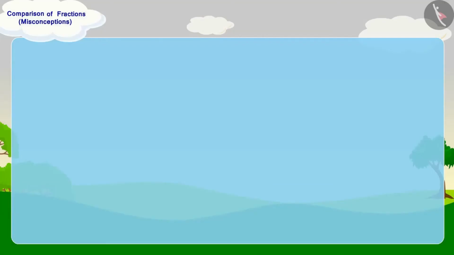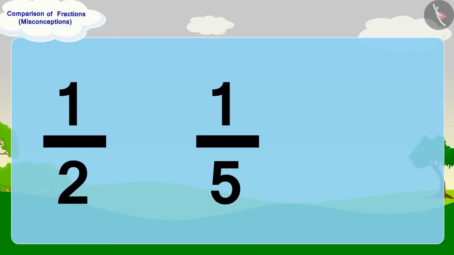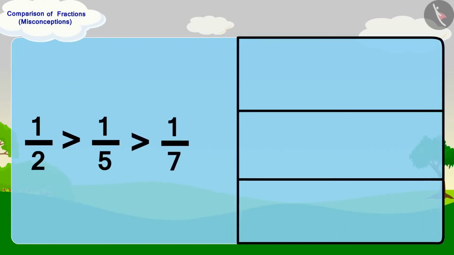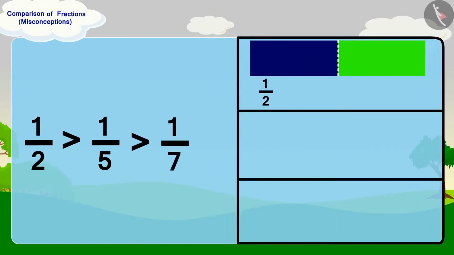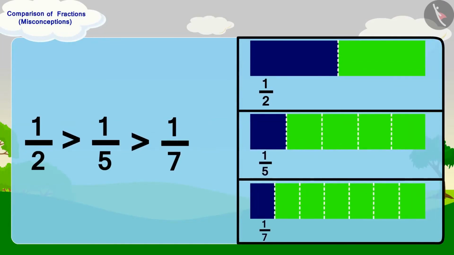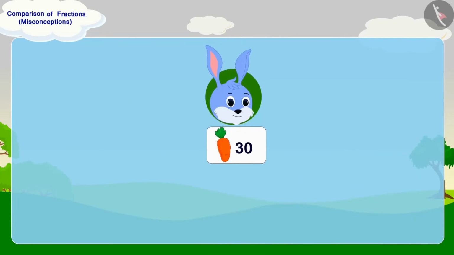If we only compare fractions, we will find that Bunny is right, because half is greater than 1/5 and 1/7. But here, these are different items whose quantity is also different.